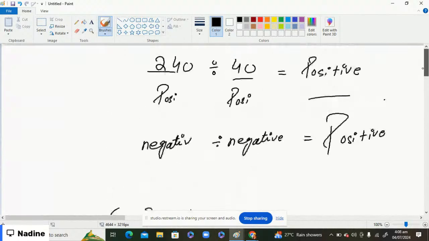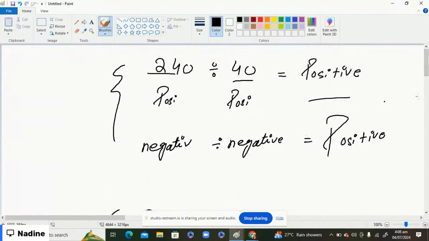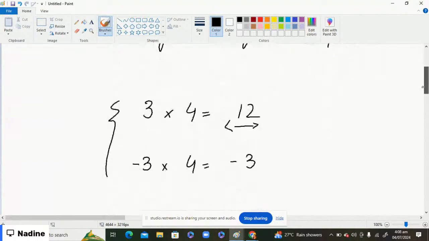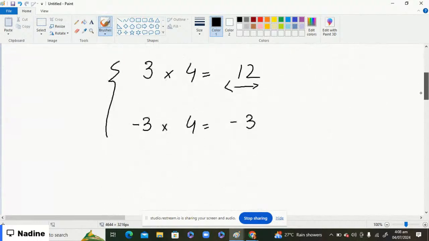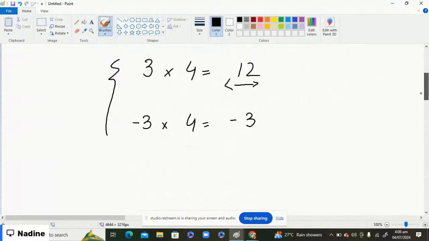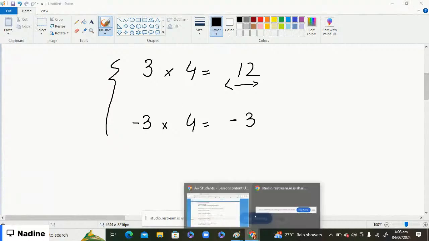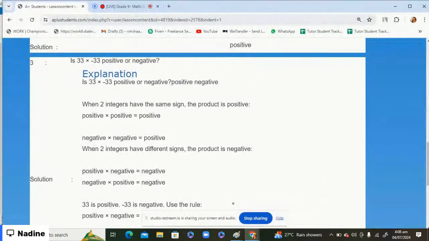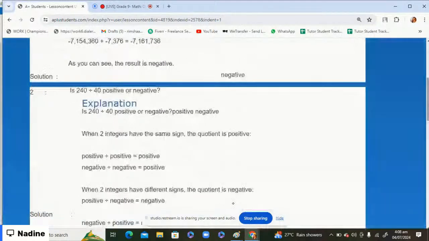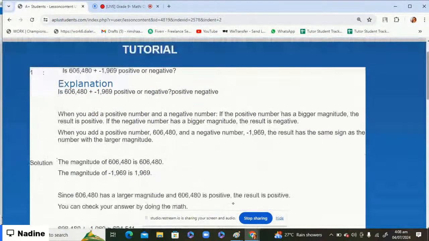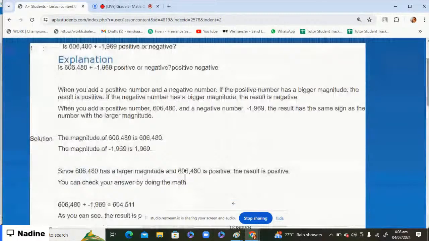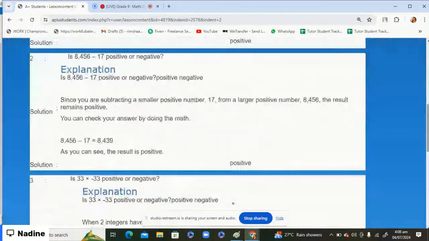And for division, if two positive or two negative, the answer is positive. But in division, if there are two positives, the answer is positive. If one of them is negative, then you get the answer negative. So these are the rules for addition, subtraction, and multiplication.